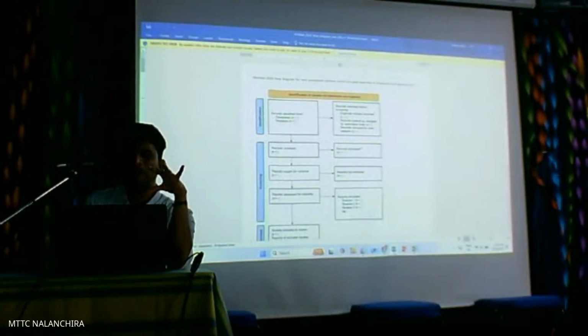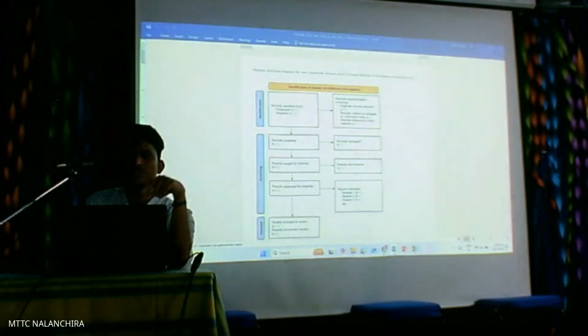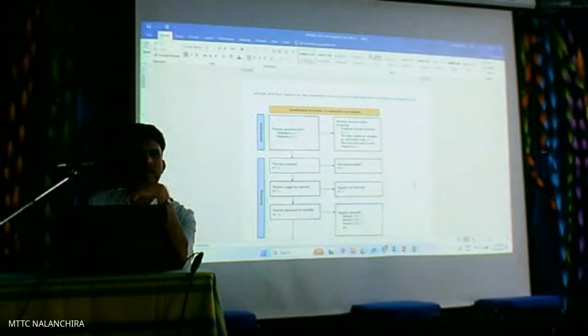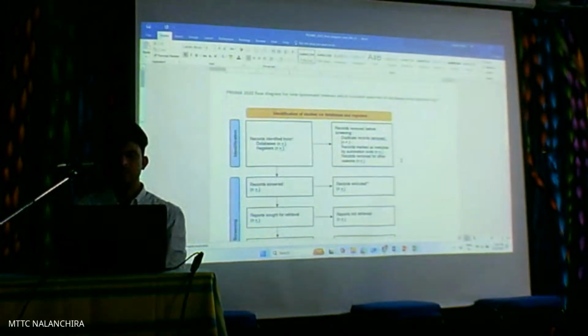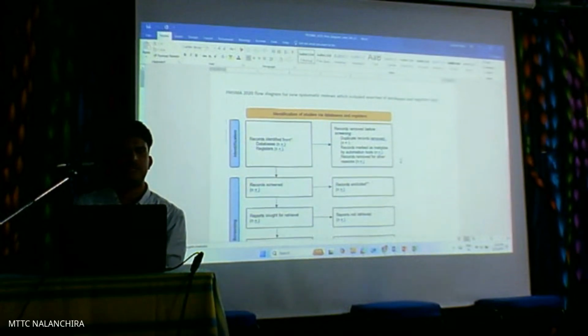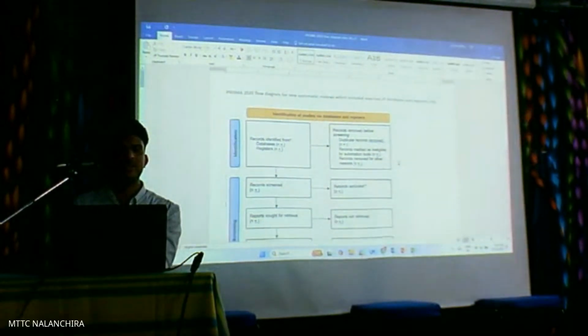This is the review pattern. Now, in every review chapter we write, this should be there. This is the way we have to make it. There are some other guidelines also. I don't remember the names. Some other systematic review guidelines. This is the major one.